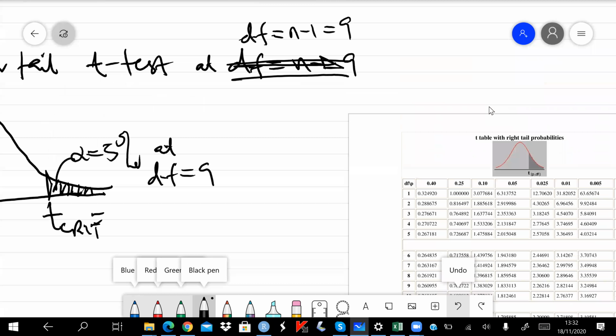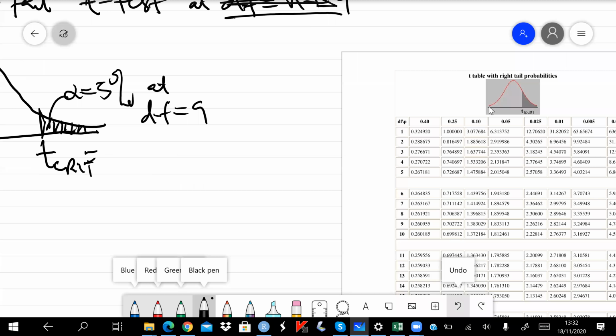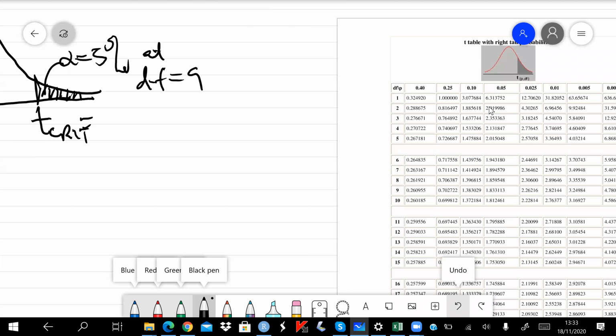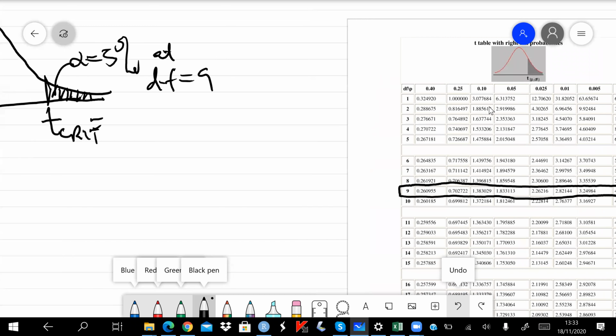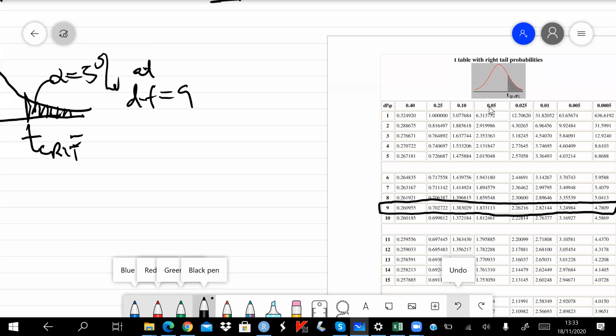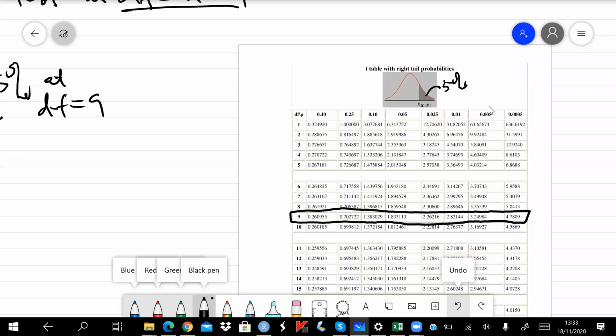So here are the t tables. In our case, we are working with 9 degrees of freedom. So the number we're looking for must be within that row. Then on the upper tail, we have 5%, so we look for the corresponding column, which is here. This is alpha is 5%.